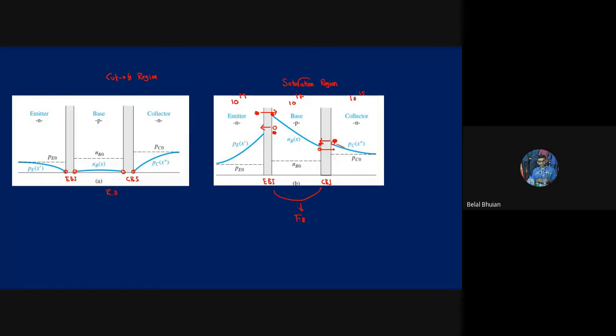In that case, electrons will be entering from there, electrons will be entering from here, but the concentration of electrons is very high because of the doping profile. The concentration of electrons is very low because of this doping profile. High concentration, low concentration, and electrons diffuse from high concentration to low concentration region. So that is the profile for minority carriers within the base region. All right.